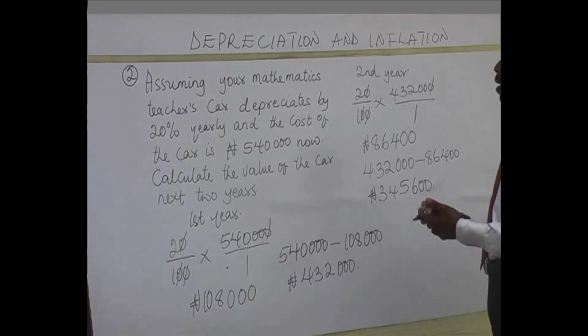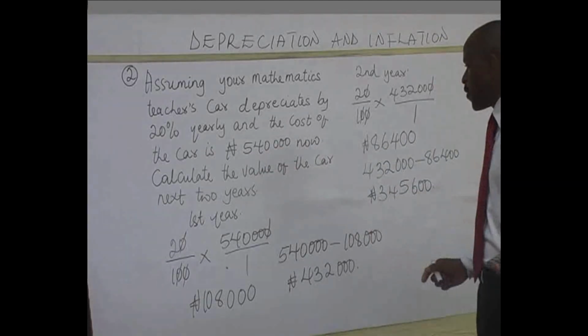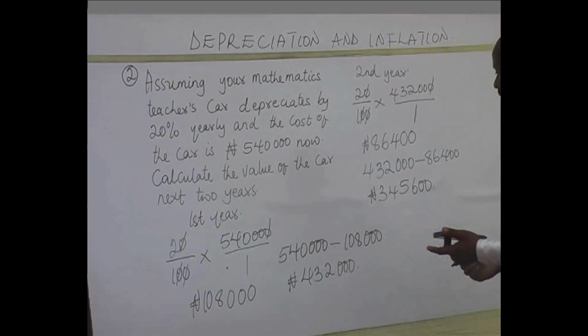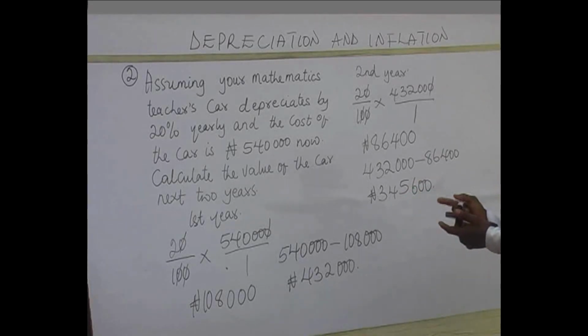That means the car that was bought at 540,000, and it depreciates by 20% every year, we now have the value of 345,600 after 2 years.